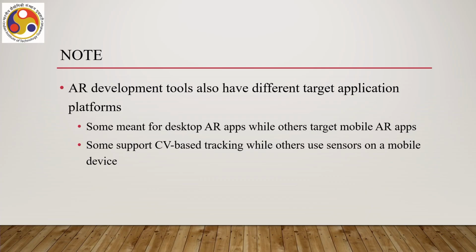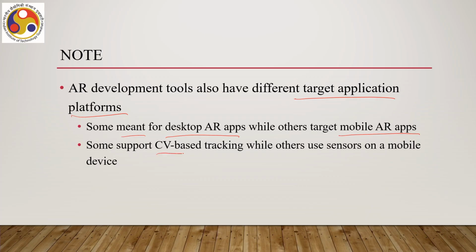So, one way of categorization is based on the skill. There can be other types of categorizations also. Sometimes we can categorize based on target application platforms. Some tools are meant for desktop AR applications, while others are meant for mobile AR applications. Again, categorization can be based on the technology.